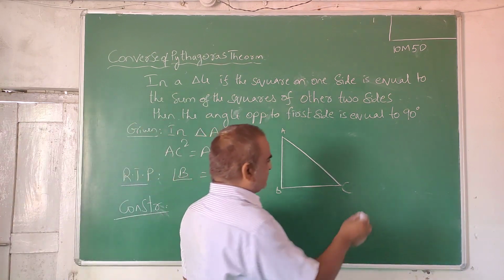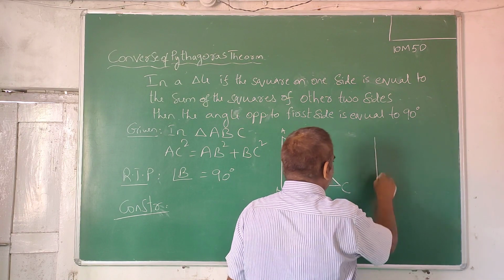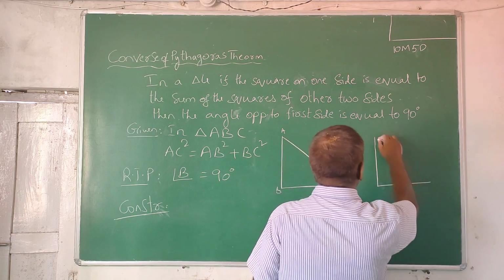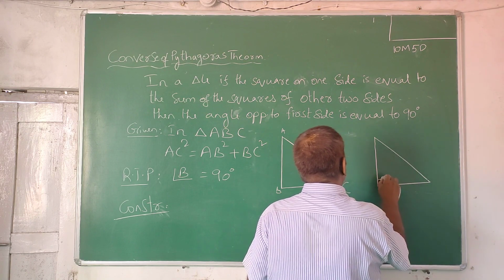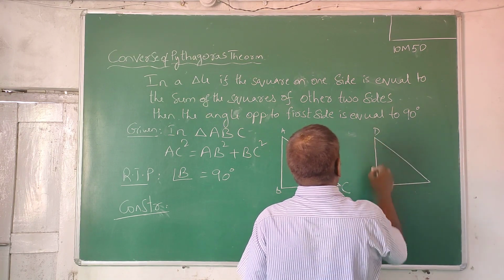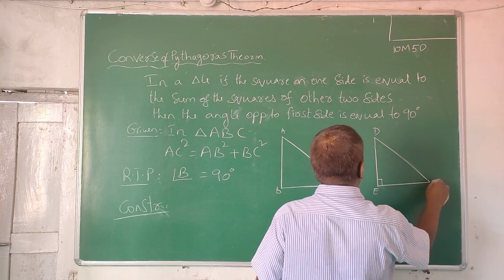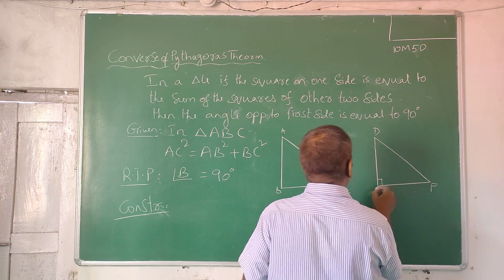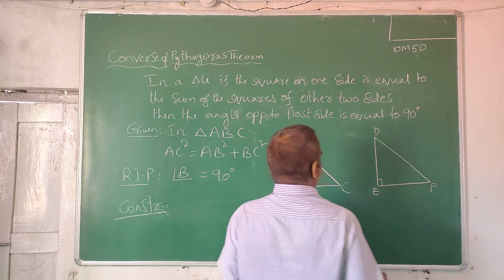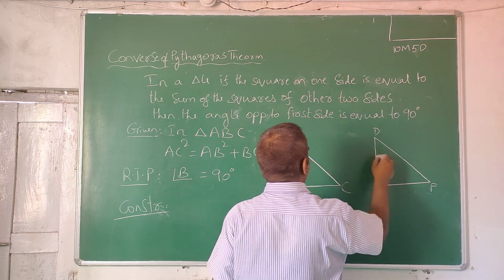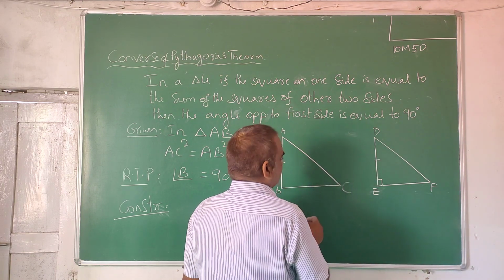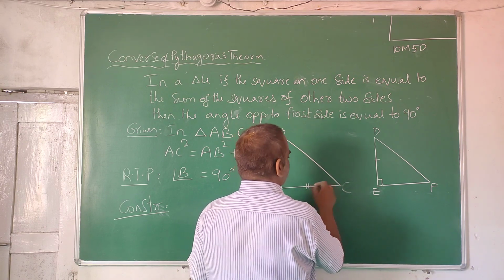What I am constructing is a right angle triangle DEF, with the right angle at E, so that AB and DE are equal, and BC and EF are equal.